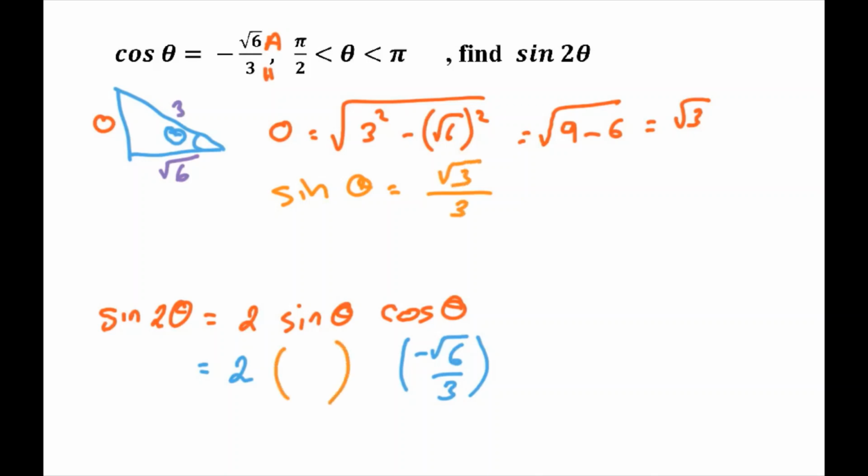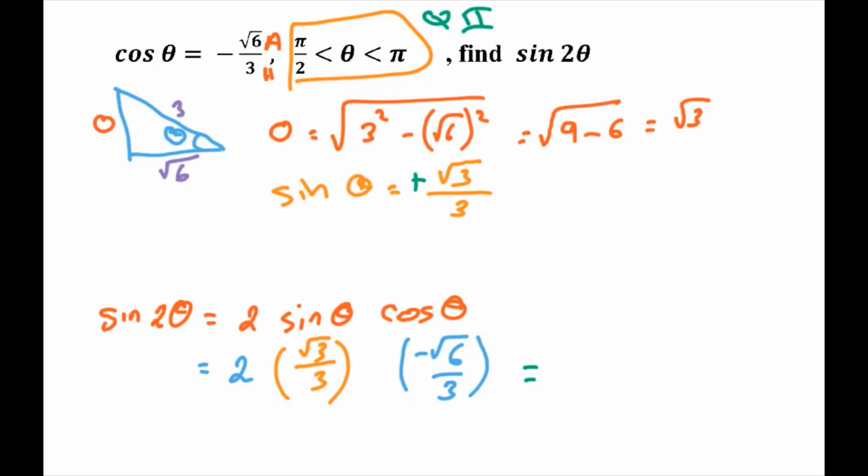We're not done. We need to look at the quadrant. We are talking about quadrant 2, and in quadrant 2, sine is positive. So we are good. When you simplify, it will be 2 times square root of 3 times negative square root of 6.